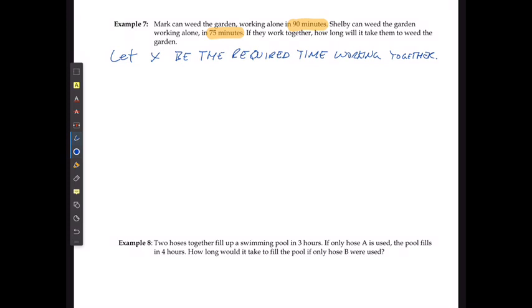So in this case, I'm going to state that if he gets 1/90th of it done every single minute, then it's going to be 1/90 times the total time, or X over 90.